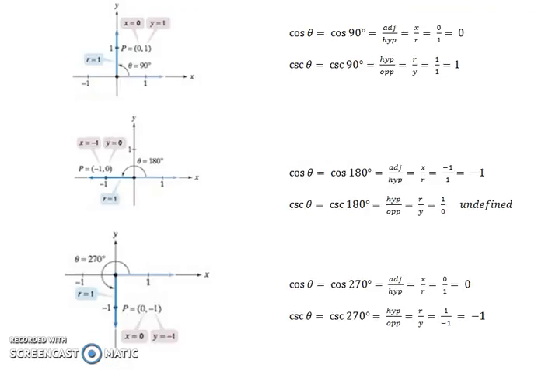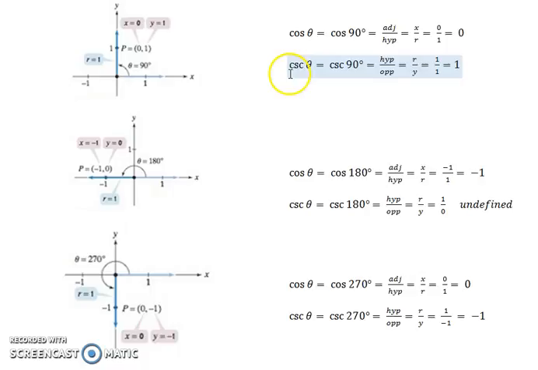Okay. For B, cosine of 90, x over r, here's 90, so the point is 0, 1 this time. So x is 0, r is still 1, so that's 0. And cosecant is hypotenuse over opposite, or r over y, so 1 over 1.